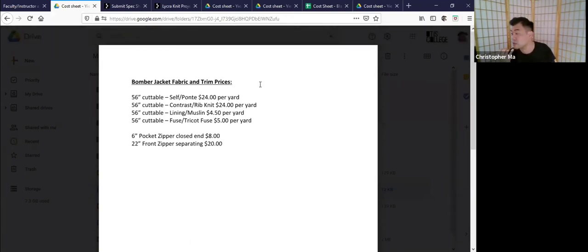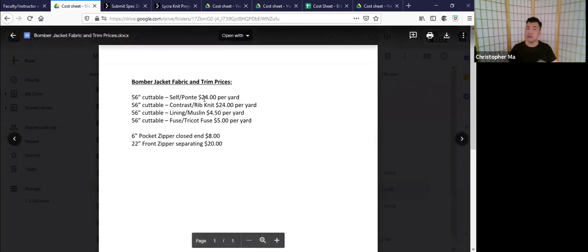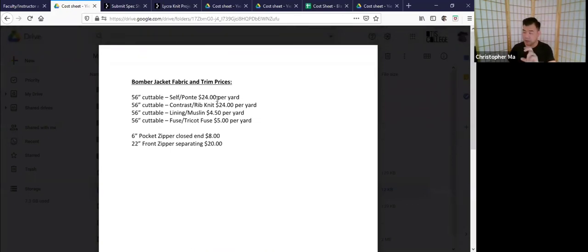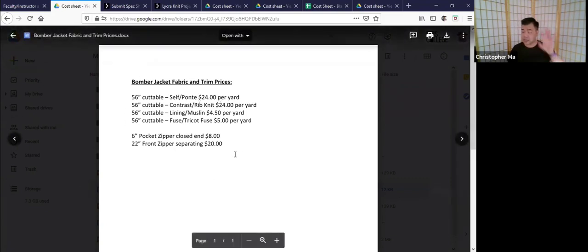You can fill in whatever color you have, whether it's a gray or a black. If some of you chose a beige color or a tan color, I think I've seen tan color, go ahead and put those in, okay? That should be followed. But in terms of width and the cost of the fabric per yard, follow this, okay? So this page is in that folder.